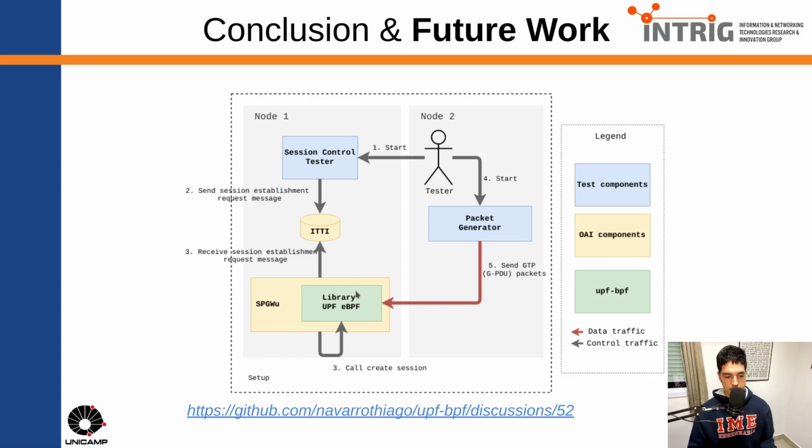As we can see here, we have the UPF eBPF library inside the SPGW-U of the OAI component. So if you are interested in working on that, please comment on this discussion, and we can have a good discussion in order to achieve this task.